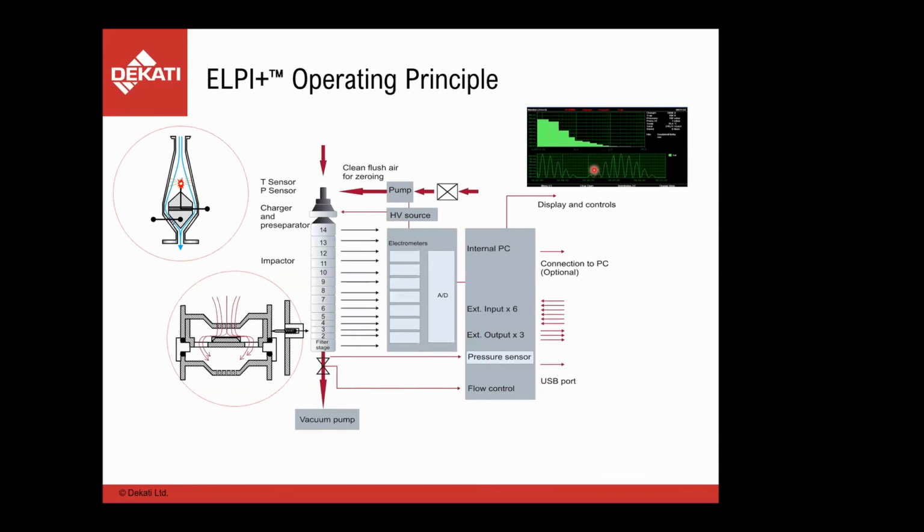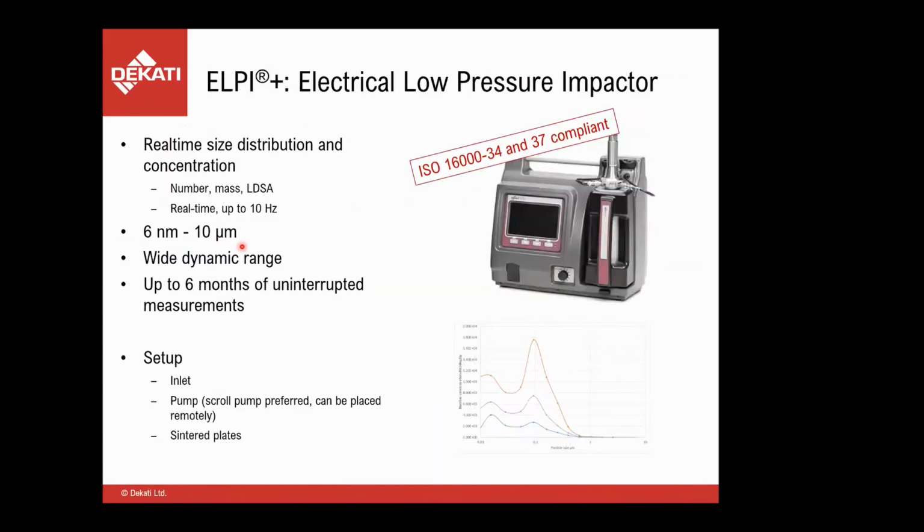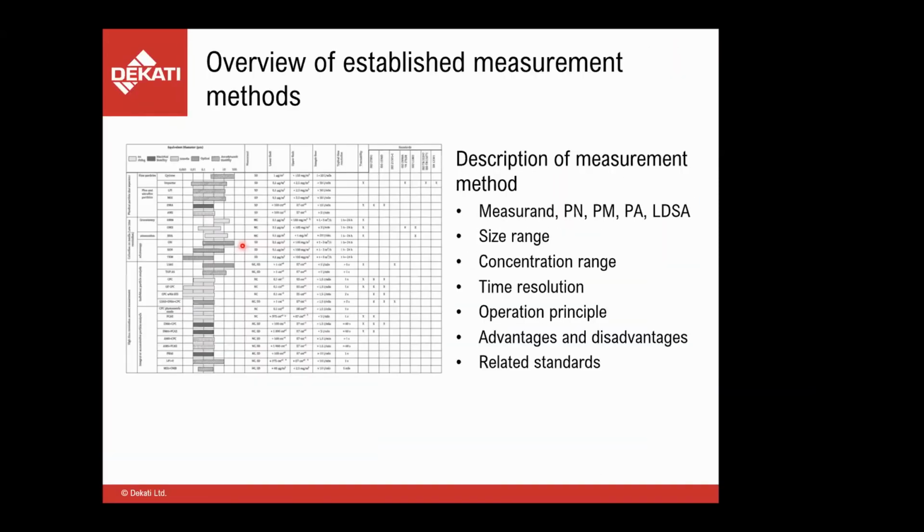We have a question. Can LP be used in addition to standard measurement methods to ascertain particle size? Yes, of course. The LP is included in this list of methods.